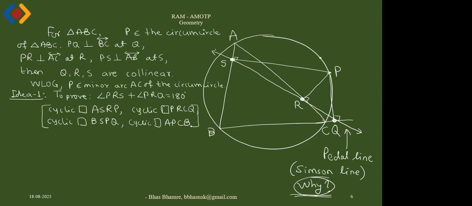And its converse: in this converse, this will be our hypothesis, and this will be our conclusion, that P belongs to the circumcircle.